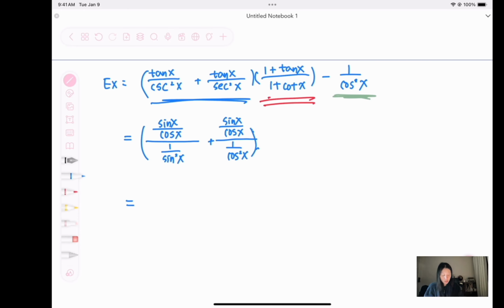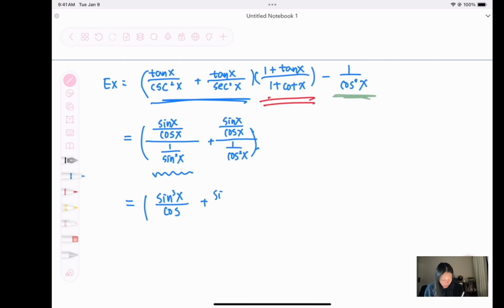Okay, let's do this side first. In the first fraction, we need to simplify it by flipping the sine x squared to the top. This is a complicated fraction, so you want to simplify first. So I have sine cubed over cosine. For the second one, flip it.